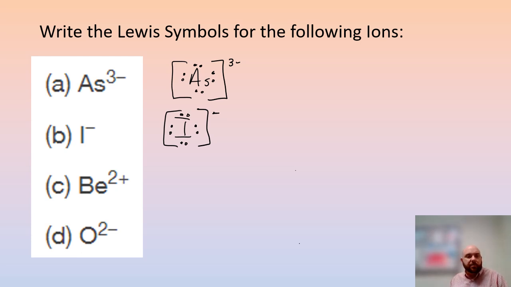For our next ion, we are asked to write the Lewis symbol for the beryllium 2+ ion. Beryllium is one of the alkaline earth metals in the second column of the periodic table, and because it is in the second column, we know that it forms 2+ ions. In other words, it likes to lose 2 electrons in order to achieve the noble gas configuration of its closest noble gas neighbor.